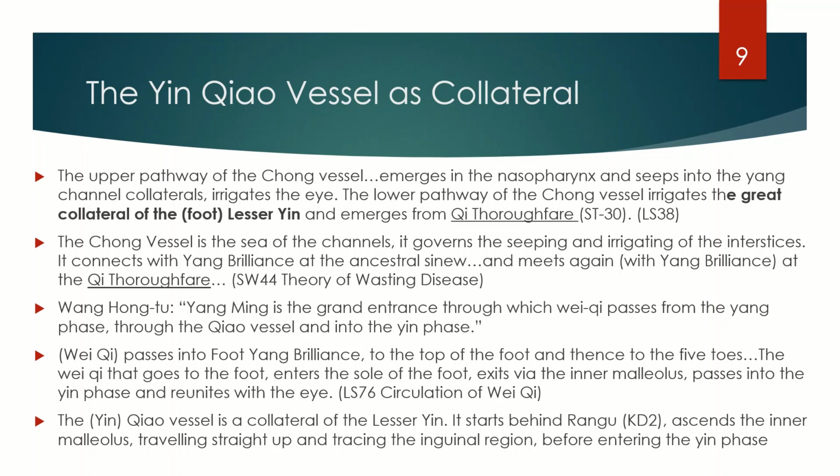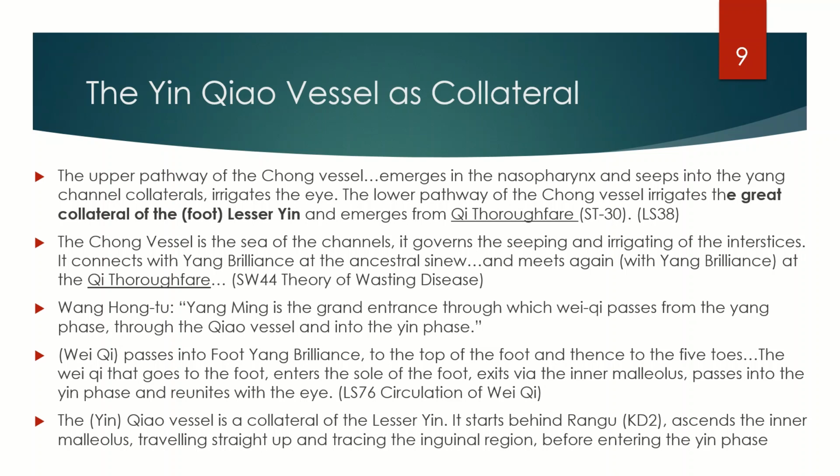Now, interestingly, Wang Hongtu, a very important scholar of the Inner Canon, says Yangming is the grand entrance through which Wei Qi passes from the Yang phase through the Qiao vessel and into the Yin phase. And where does he get that?